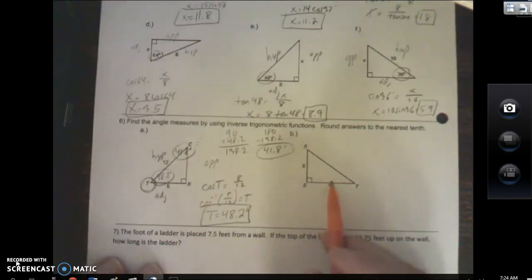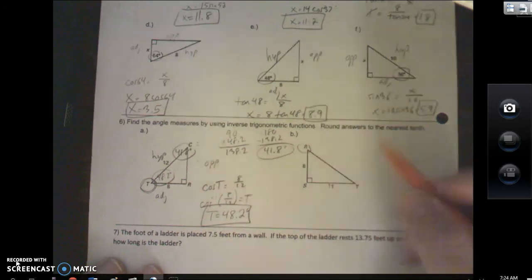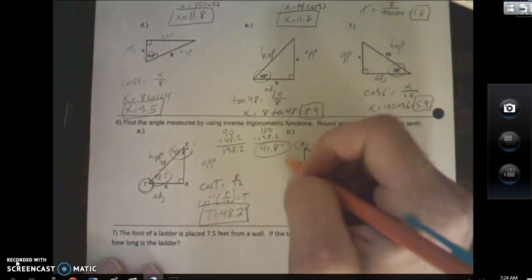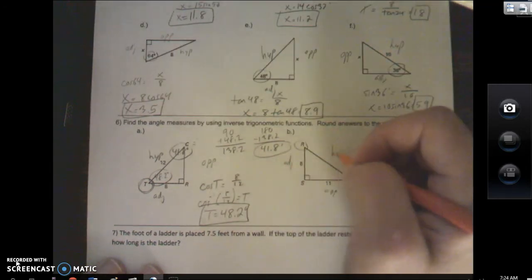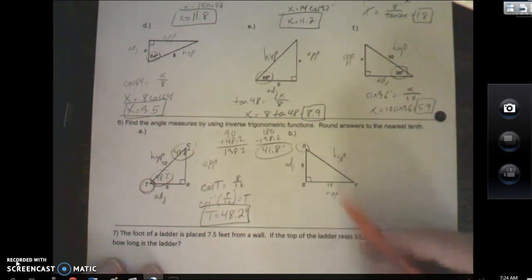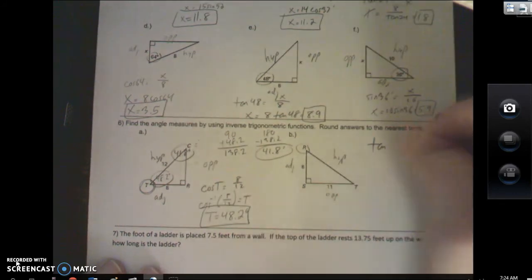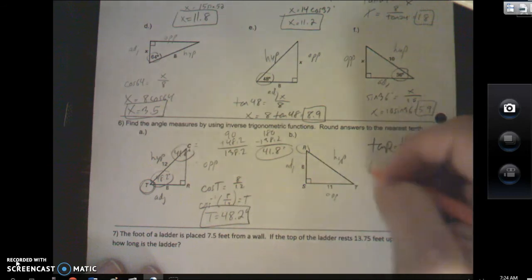Good. Okay, let's say I want to find R here. Opposite, adjacent, hypotenuse. I'm going to use TOA. Tangent of R equals 11 over 8. So I'm going to do the tangent inverse.